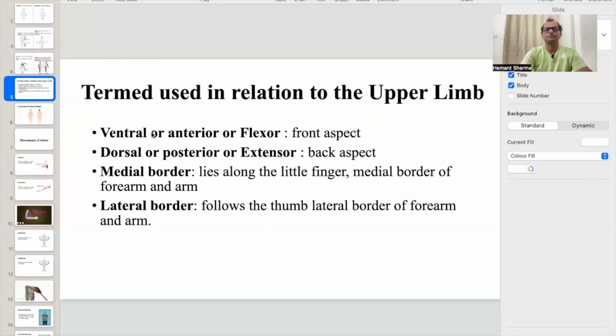So ventral or anterior, we are telling ventral means front side. It's a very common word. We are regularly using it. On the ventral side. Ventral side means front side. So we are telling, okay, nose on the ventral side. Nipples on the ventral side. Navel is on the ventral side. Ventral means on the frontal side.